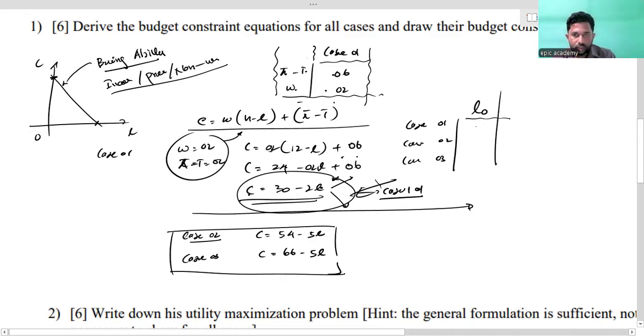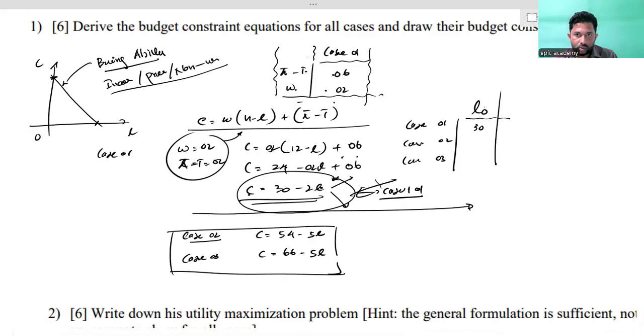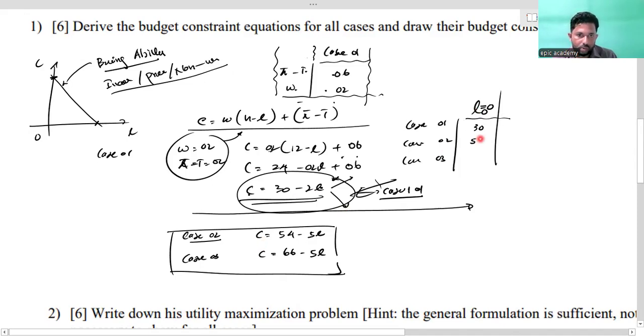If you put L equal to 0 into the first equation, it becomes 30. In the second equation, it becomes 54. In the third equation, 66. Then L equal to 12.